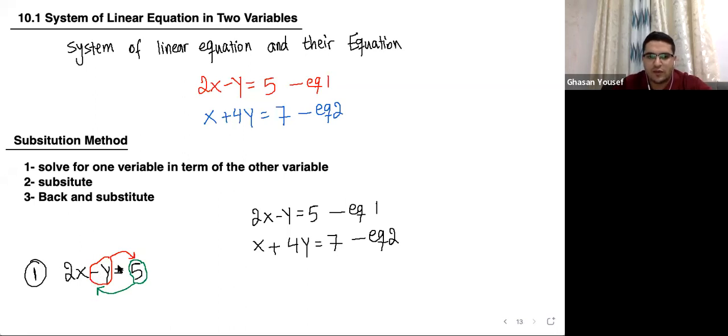To move the y to this side, I have to add y to both sides. To move the 5 to this side, I have to subtract the 5 from both sides. So I will get y equal 2x minus 5. Again, moving this to this side, I have to add y. Moving the green one to this side, we have to subtract the 5. So this is the first step.